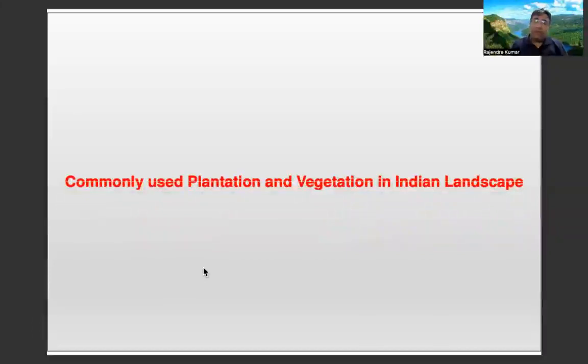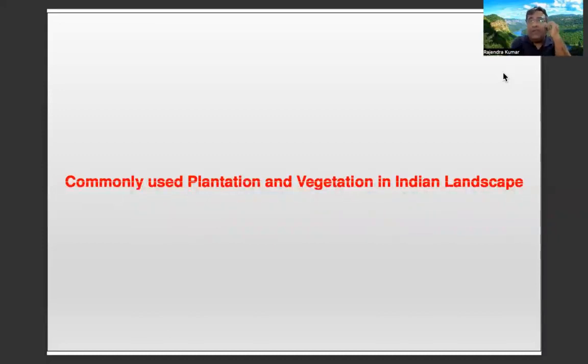One is soft landscape which is already present. By the way, if you can see in the backdrop of my screen, this is all natural vegetation. Many times the natural vegetation is naturally available on the site. Many times you intervene in the site and you plant natural vegetation and plantation. That becomes a part of your soft landscape.